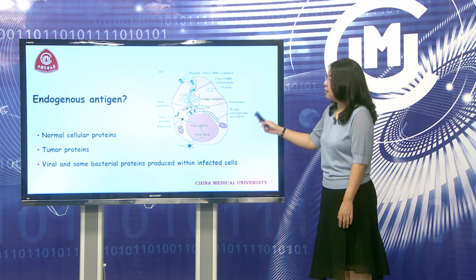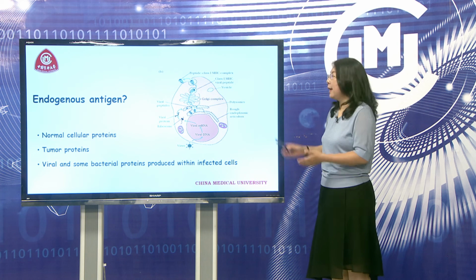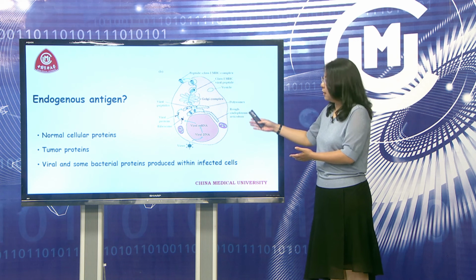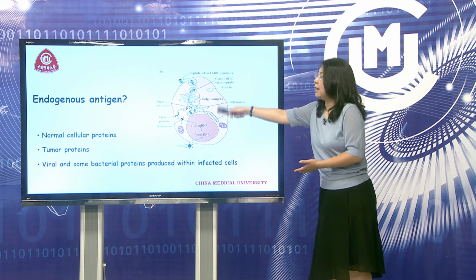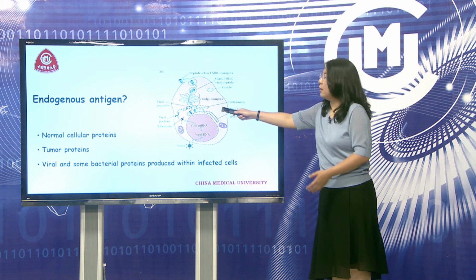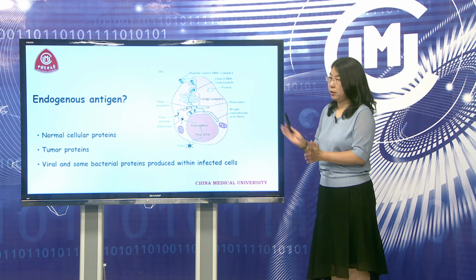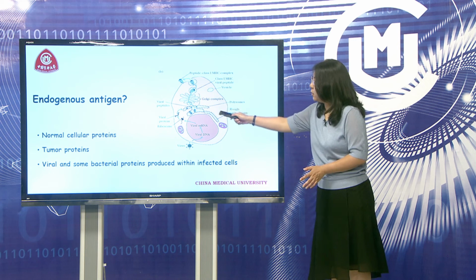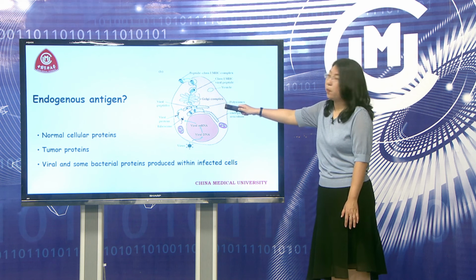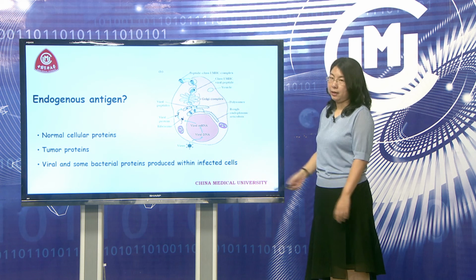What is endogenous antigen? That means this antigen exists inside the cells. Inside the cells, they can produce new proteins. They can produce inside the cell. So now the cells think they were the endogenous antigen.